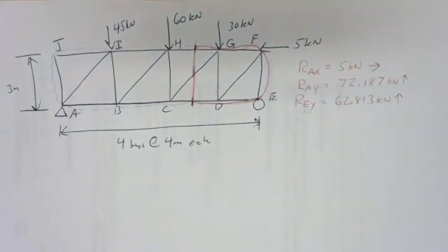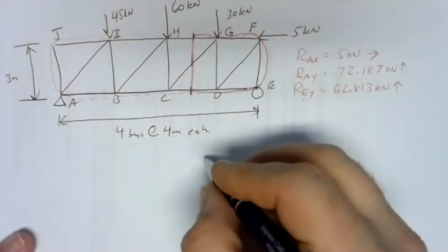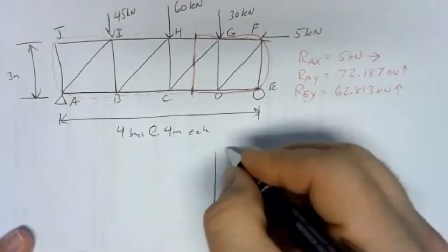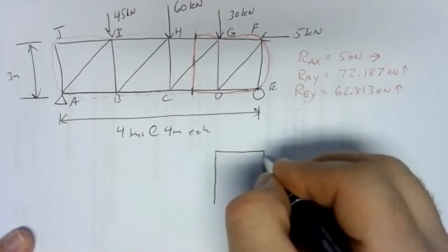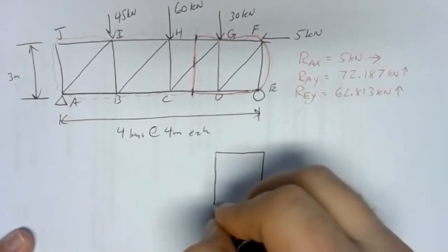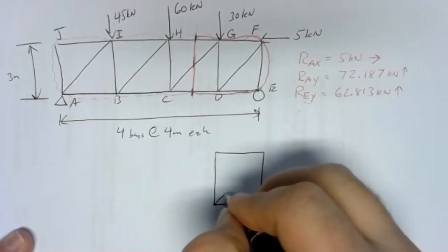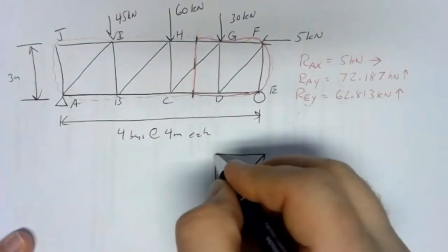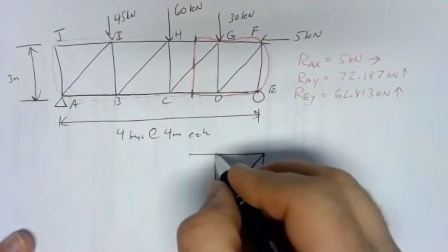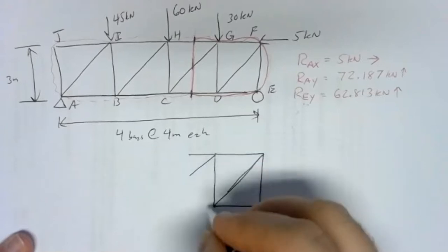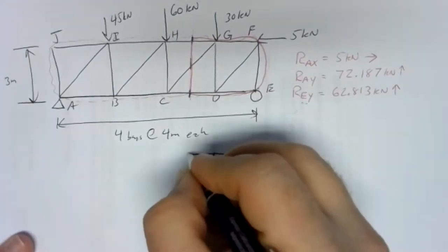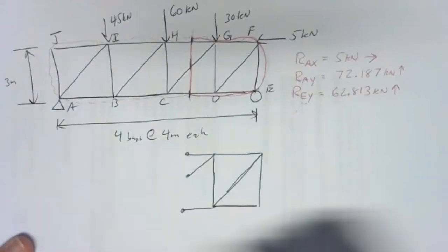So I'll draw my piece of the truss. And I always like to start my sketches of the piece of the truss with the members that are wholly enclosed in that boundary. So I've got one bay completely enclosed like that. And then I've got the little stubs that I've cut through. I've got one there, I've got one here, and I've got one there. So right there is where my cutting plane went through.